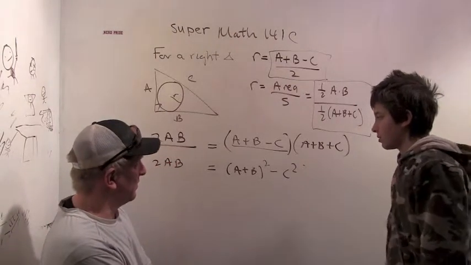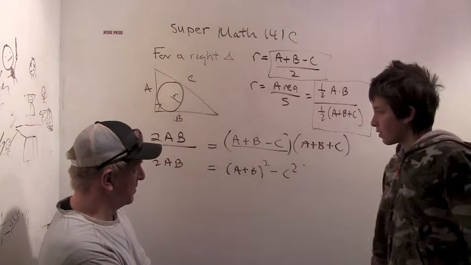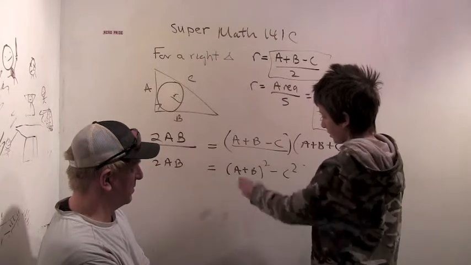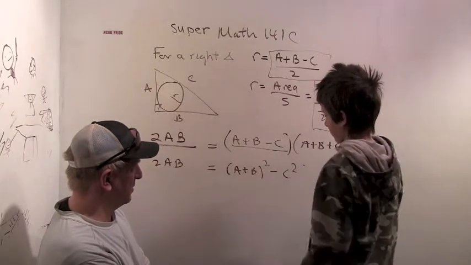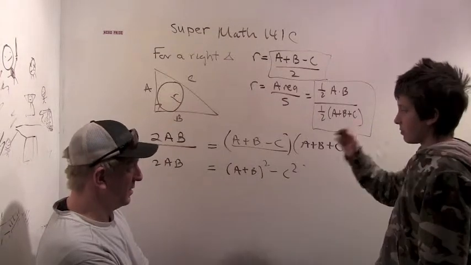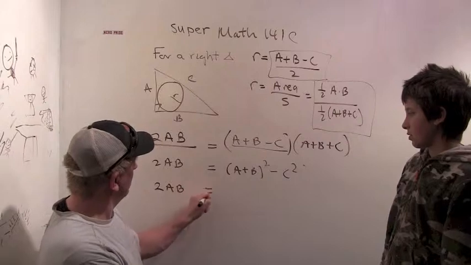What are you going to do now? Well, we're going to get an A times B in here. So the next step should be multiplying this out. So 2AB on this side equals what?